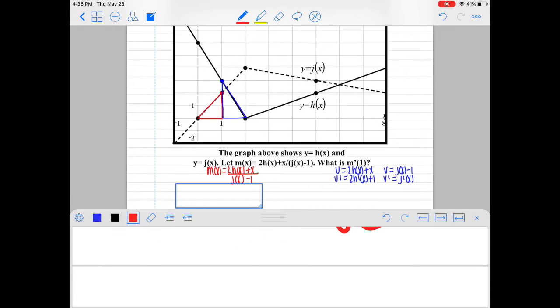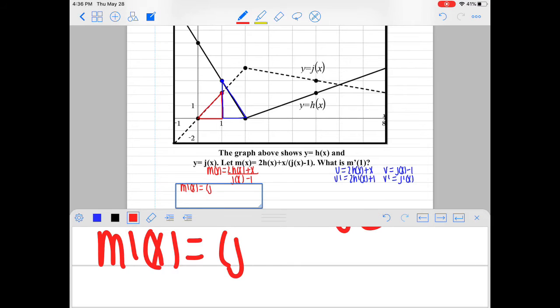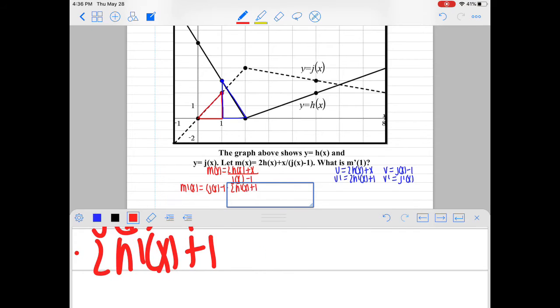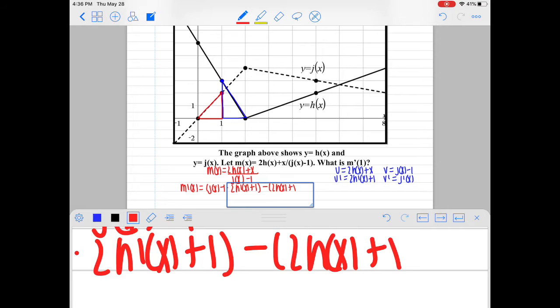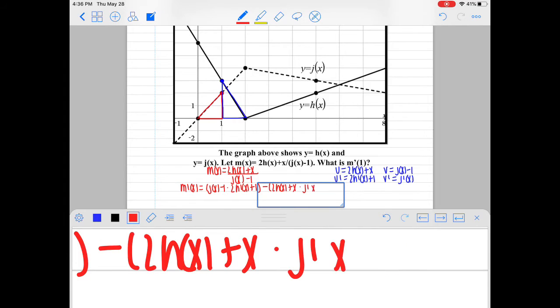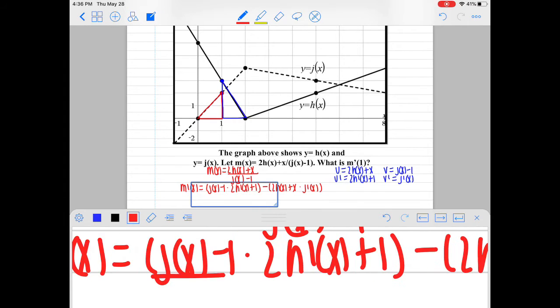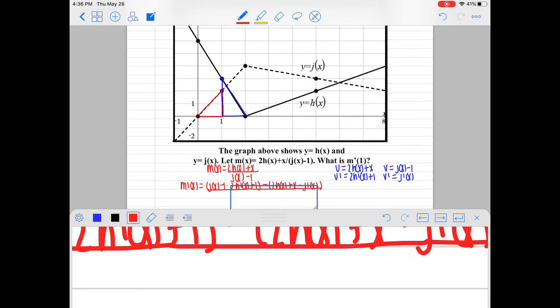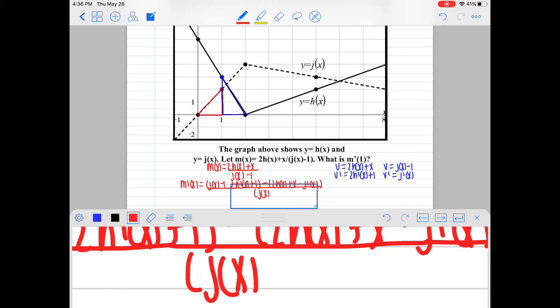And then we're going to apply the quotient rule, which is the bottom times the derivative of the top minus the top function times the derivative of the bottom, all divided by the bottom function squared, as you can see here, minus 2h of x plus x times j prime of x, and this is all going to be divided by j of x minus 1 squared.